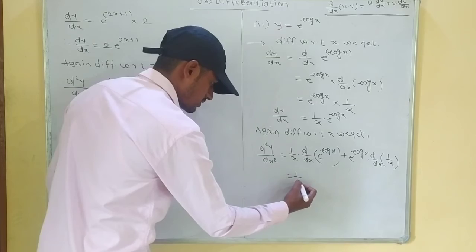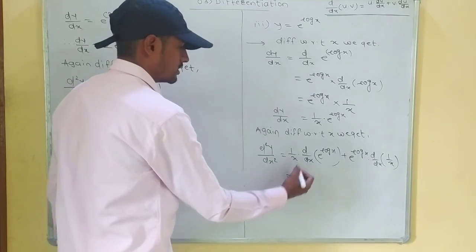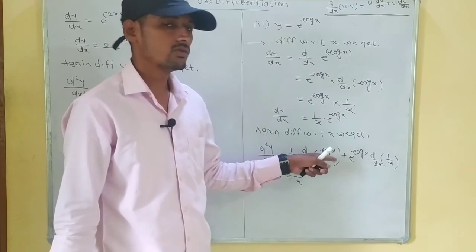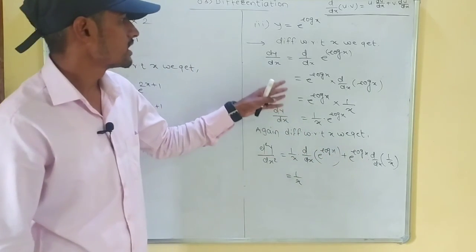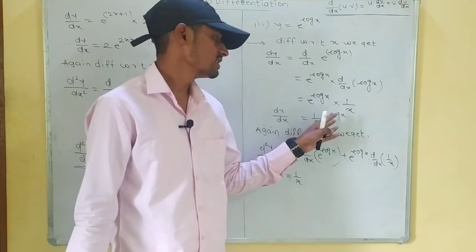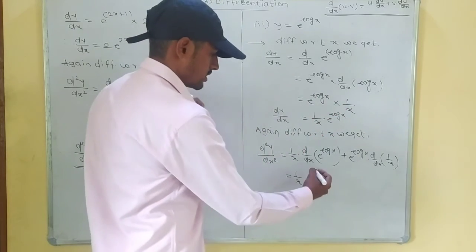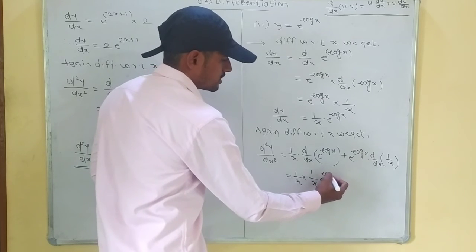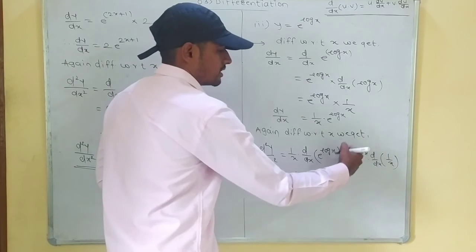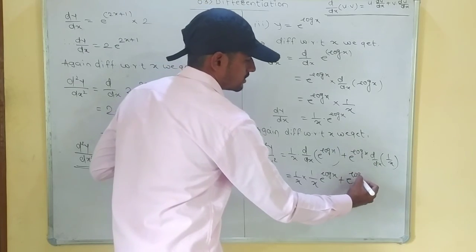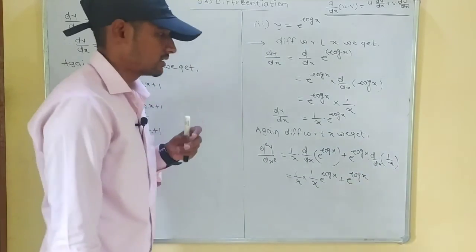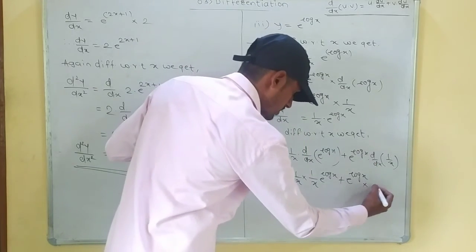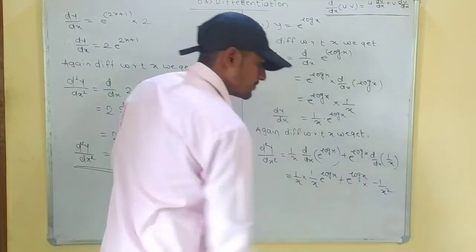So 1 upon x as it is, first function, into the derivative of e to the power log x. We already calculated that derivative, and it is 1 upon x into e to the power log x. So write down here 1 upon x into e to the power log x, plus this e to the power log x as it is, and we know that the derivative of 1 upon x is minus 1 upon x square.